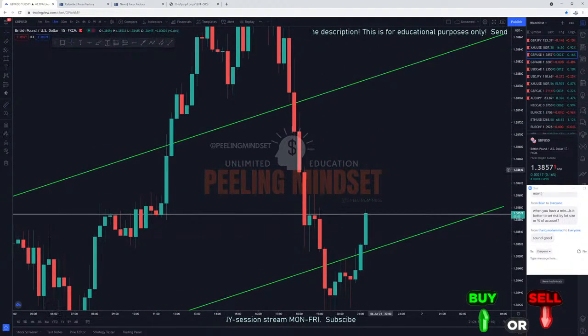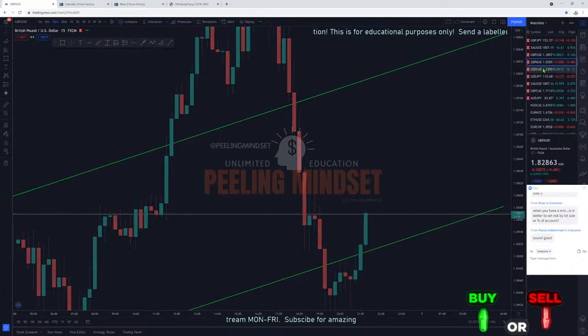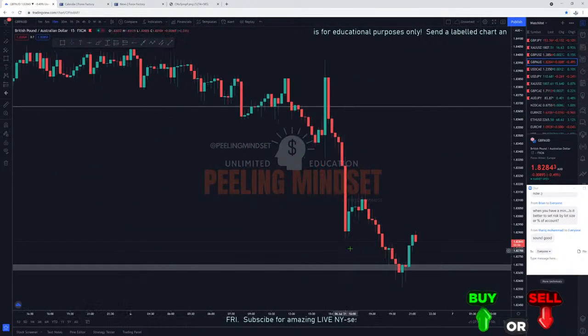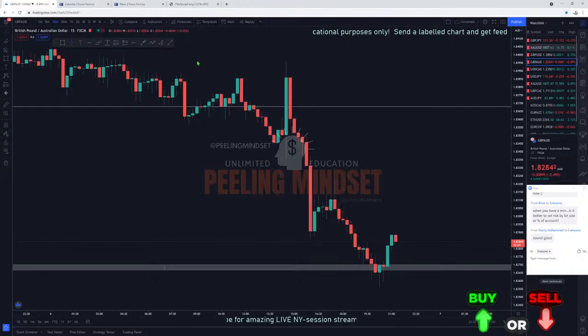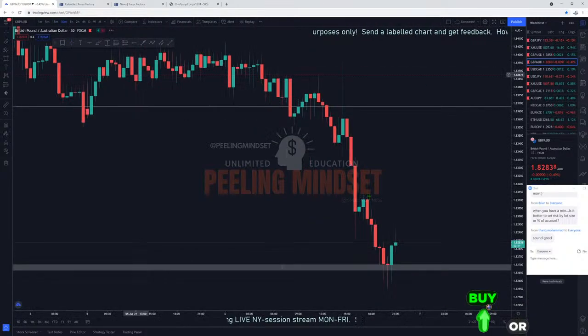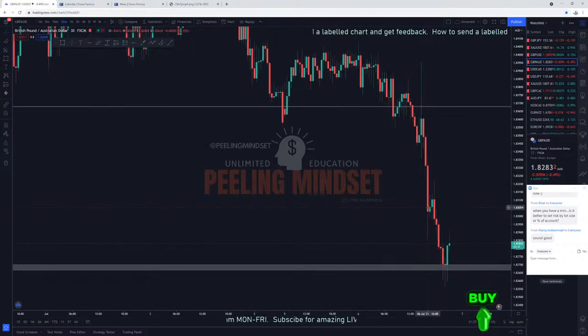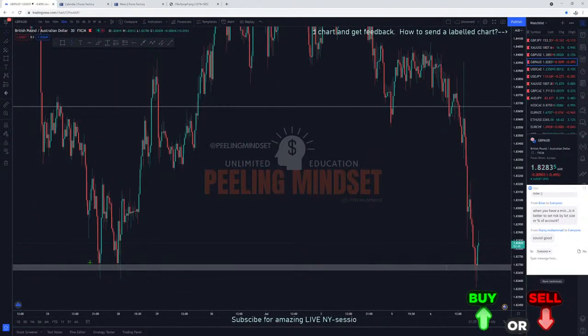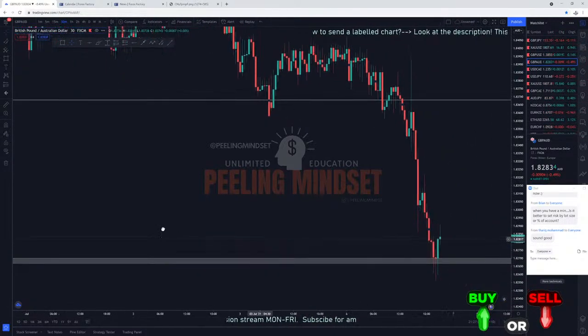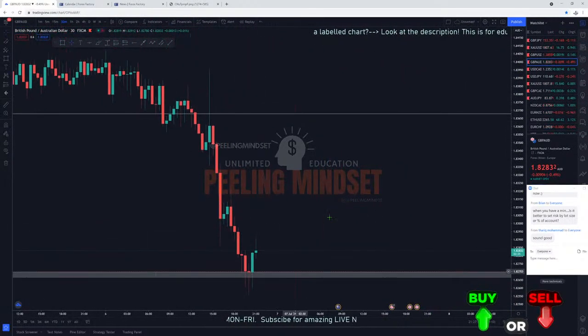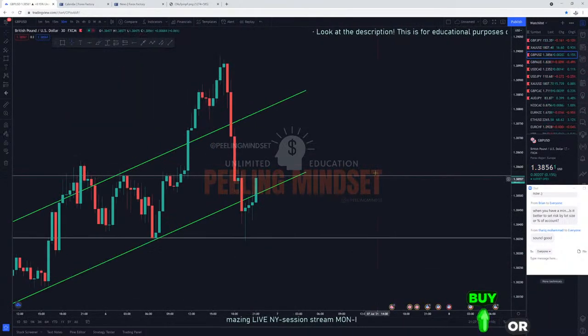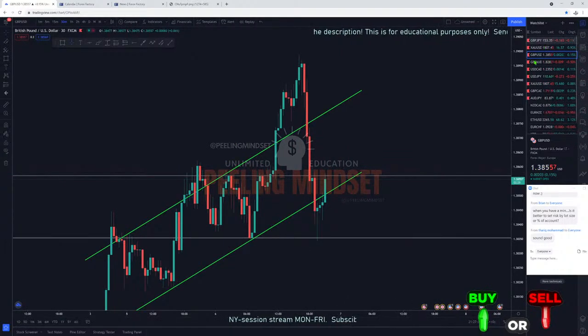I'm keeping my eyes open in pound USD. Pound AUD is not that clear. Pound AUD still looks like it can push down more than anything else. It has just tapped that recent rejection level, a recent demand level. So let's see what's happening here. Pound AUD, pound USD retracing pretty aggressively.